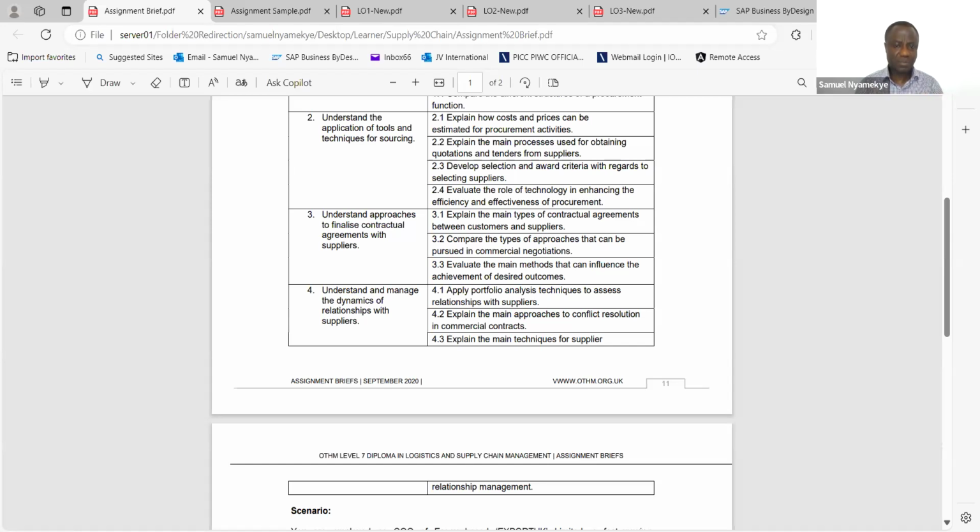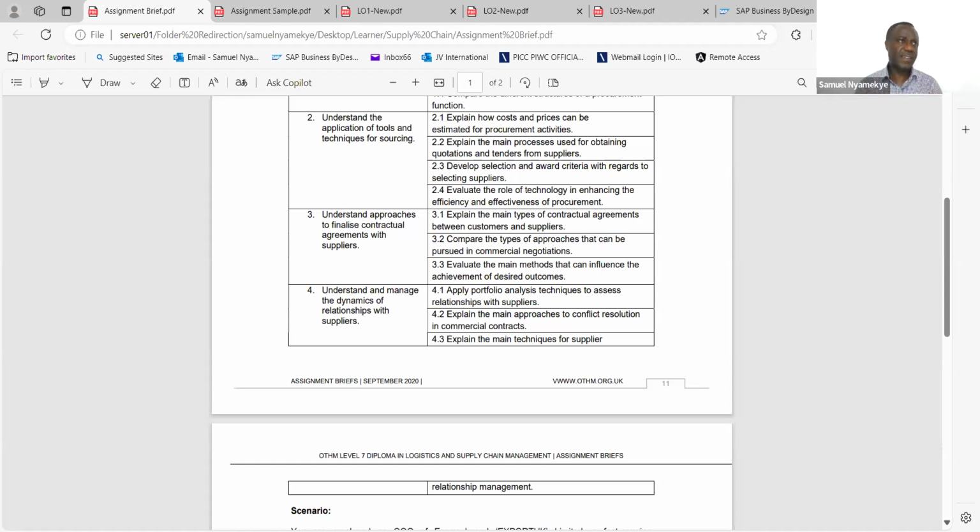That is extremely important for you to be able to settle on the right supplier. Then you look at how you want to firm up a relationship with them. What are some of the approaches that you need to take? And these are all very important.